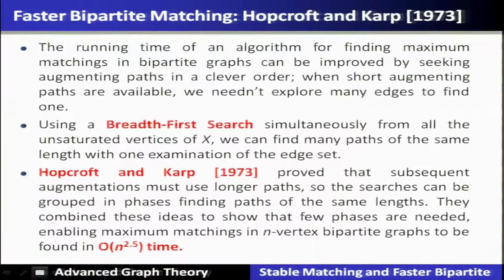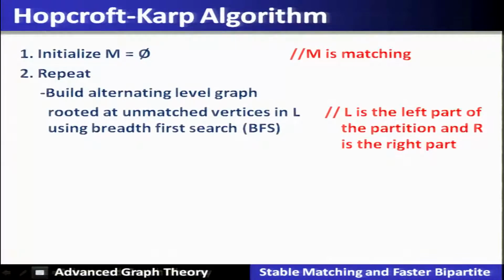They combine these ideas to show that fewer phases are needed, thus enabling the maximum matching of a bipartite graph to be found in of the order n to the 2.5 time, that is faster than the previous one. Let us see the algorithm working, and we will then analyze more details about the Hopcroft-Karp algorithm.